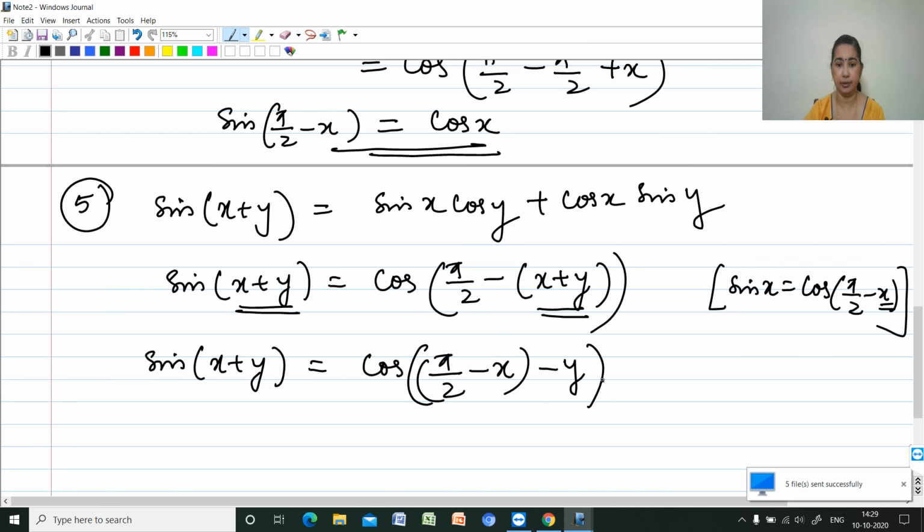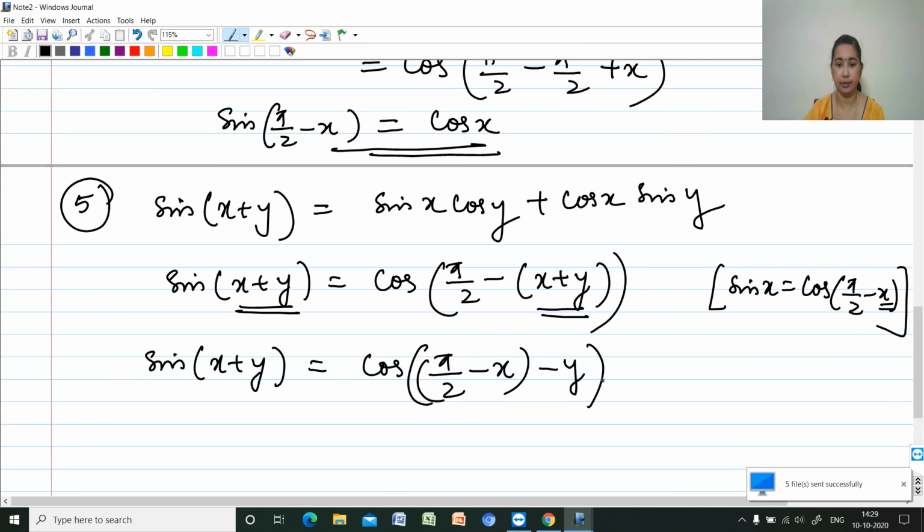Then we have already studied cos of x minus y. What is cos of x minus y? It is cos x cos y plus sin x sin y. So you take this as the first element and this as the second element.